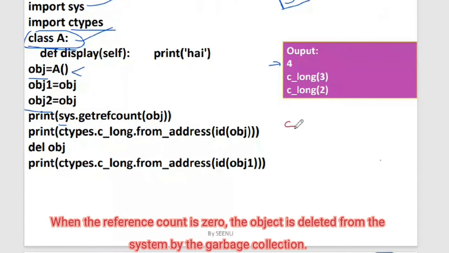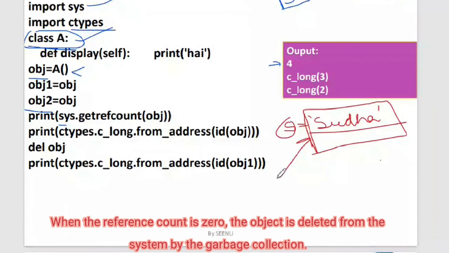As an example, I'm saying S is equal to Sudha. This is an object, right? And this is the reference variable. So what happened? Sudha is occupying some memory inside the virtual machine, and S is the reference variable.